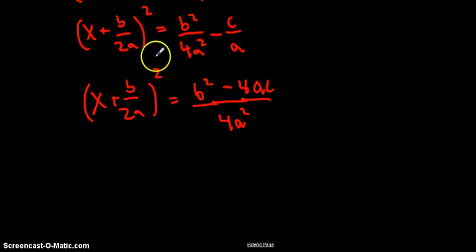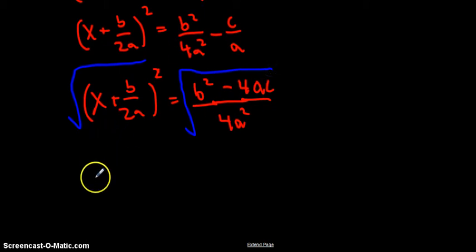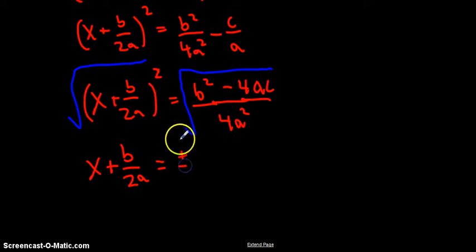And now we take the square root of both sides to get rid of the square here. So that's x plus b over 2a is equal to plus and minus. When you take the square root of the non-x value, it becomes the positive and negative radicals, and some people ask why it doesn't do that over here.